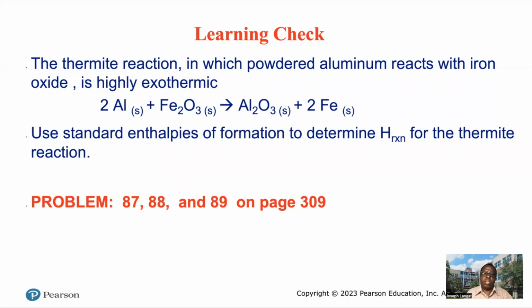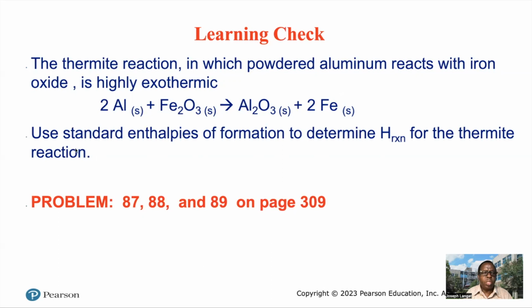Use the standard enthalpy of formation to determine the enthalpy of reaction. I forgot to put the superscript here; this is what we are looking at, the standard state, so there should be a superscript right here, not the regular one.